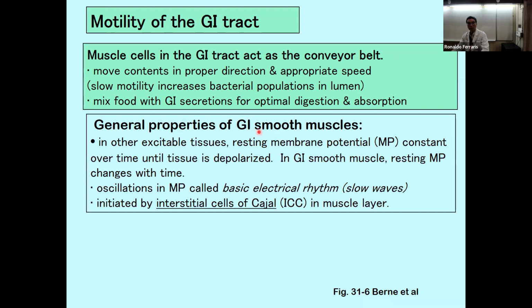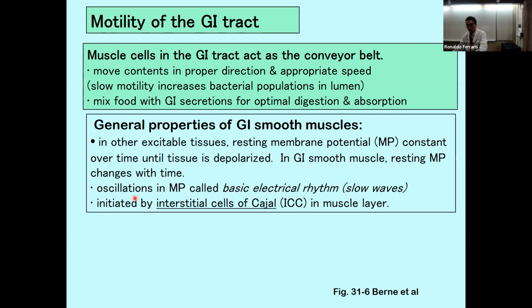So what actually happens with smooth muscle cells? Their resting membrane potential is a misnomer because the membrane potential actually changes with time. There are oscillations in membrane potential, and that is called the basic electrical rhythm or slow waves, if you read GI physiology in any textbook.